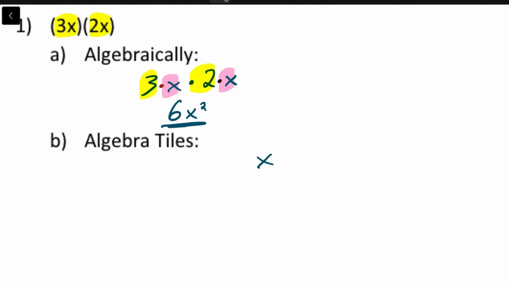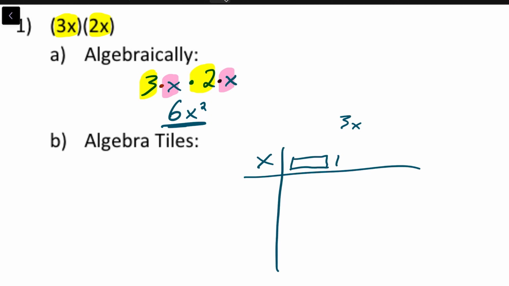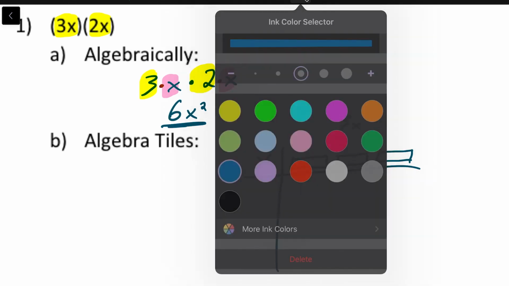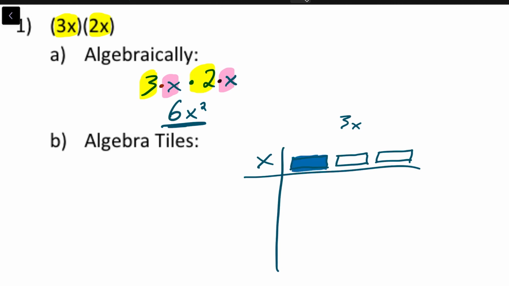So here, algebra tiles, I'm going to set up my grid for my algebra tiles. 3x on the top, I'll do 3x. Okay, so 1x, 2x, 3x. Okay, and so these will be shaded in. So I'm going to use the shortcut here to shade in my tiles.